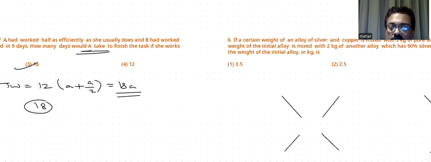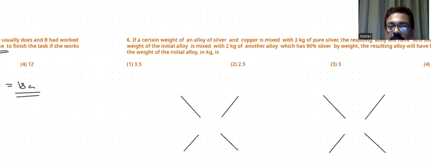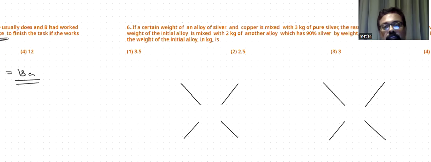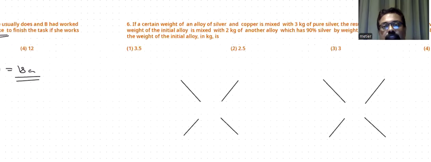Now this is a question based on alligation. Let me put it up so that we can write down the things in the alligation format. Now, there are two data given. First data, alloy of silver and copper is mixed with 3 kg pure silver. So first is, say, alloy 1 is mixed with pure silver.